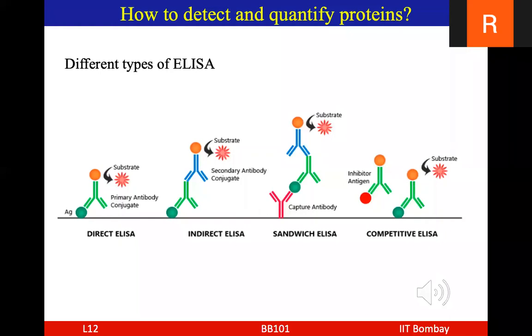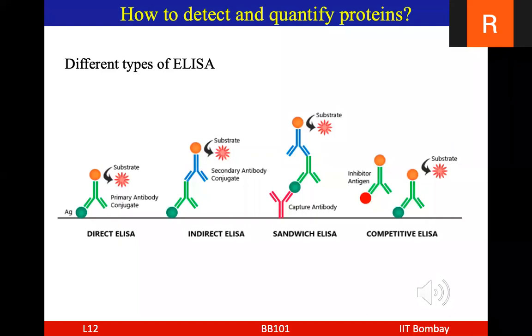When there is a capture antibody which recognizes one epitope of the antigen, and a secondary antibody recognizes a different epitope of the antigen, this mechanism is called sandwich ELISA, because the antigen is sandwiched between the two different antibodies which are recognizing it. And there's competitive ELISA as well. So there are different types of ELISA.